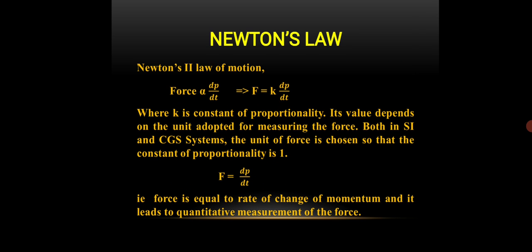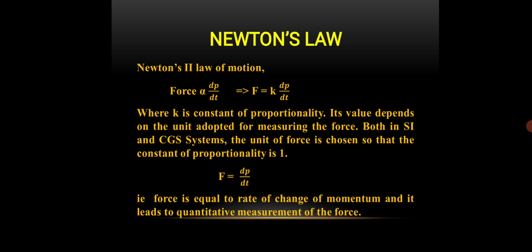Let us first consider Newton's second law. We know force is proportional to the rate of change of momentum. Here P is the momentum. Whenever you have a proportionality sign, we remove it by introducing a constant.